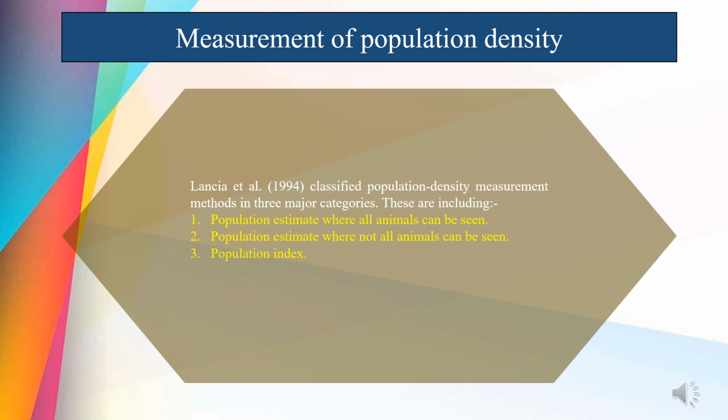Since three of the parameters of the equation will be known while going through the process of marking, releasing and recapturing, the fourth parameter, the population estimate, can then be calculated.